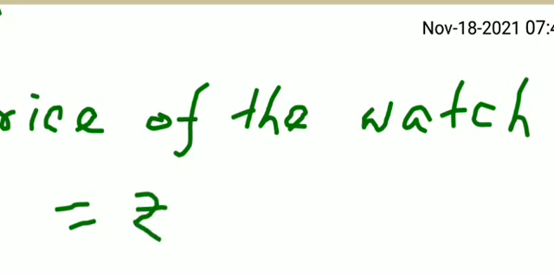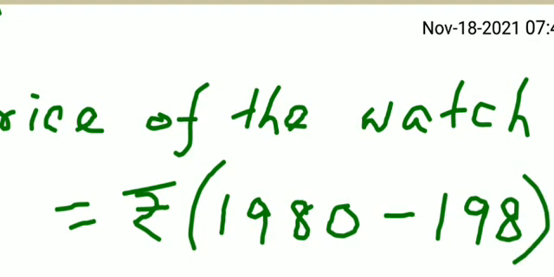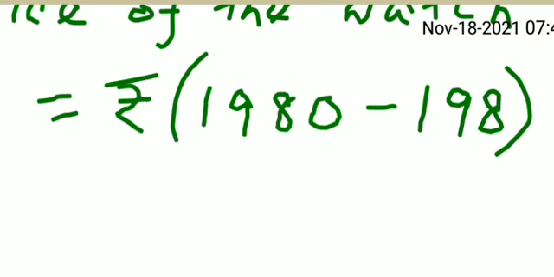So you write this 1980, and then you have to subtract 198. After subtraction, you will get the required result.